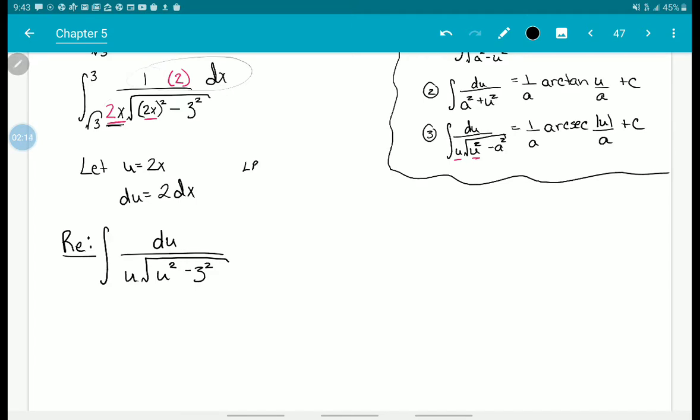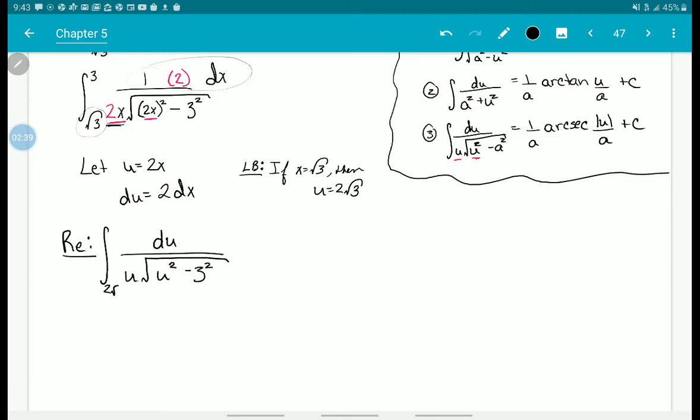So let's look at that lower bound. If x is equal to square root of 3, that's coming from that original lower bound, then u is going to be equal to 2 times x, which is 2 times square root of 3.